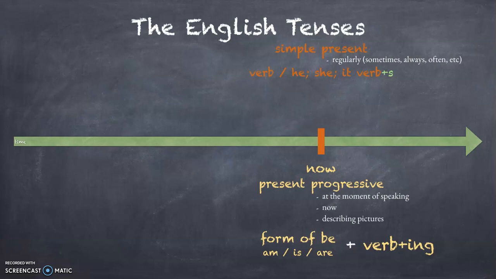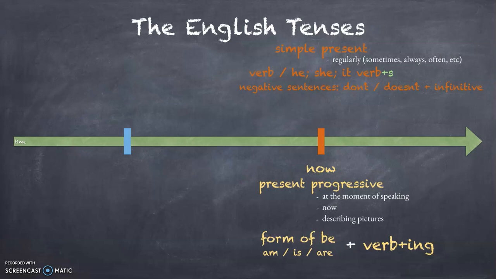You have to be careful because when you have he, she, or it, the verb has an s in the end, the he, she, it, s. When you make a negative sentence, you have don't or doesn't in front of the verb, and the verb is in the infinitive form, and there is no s because the s is already in the doesn't.